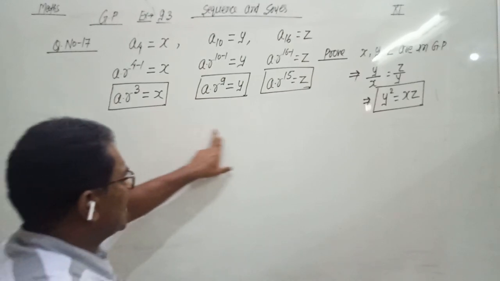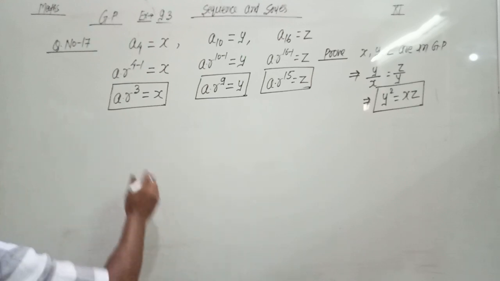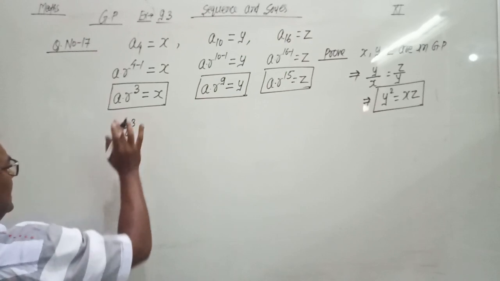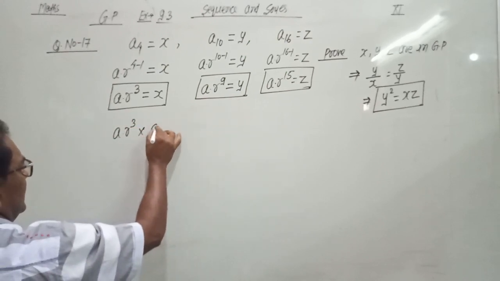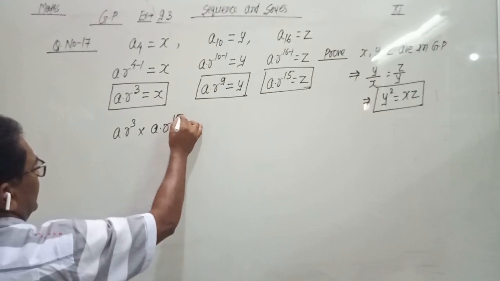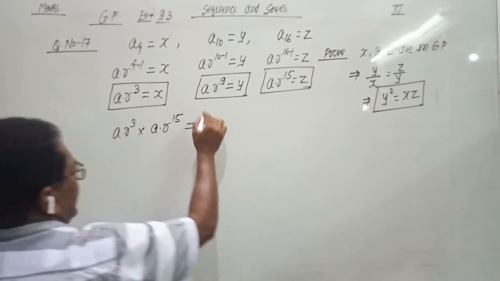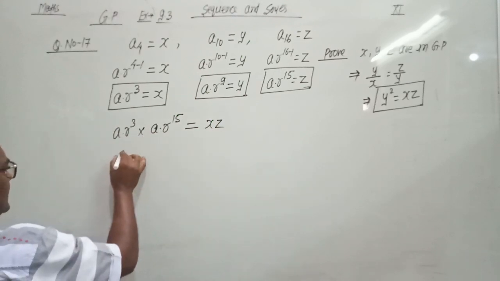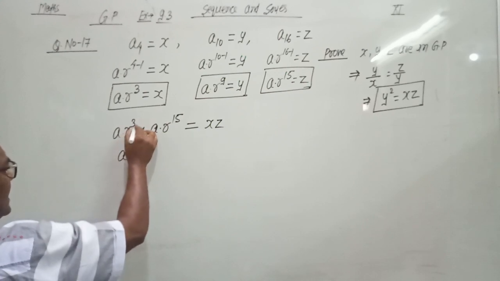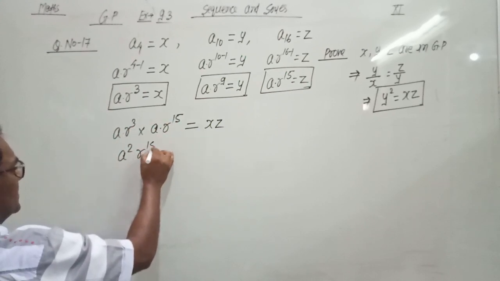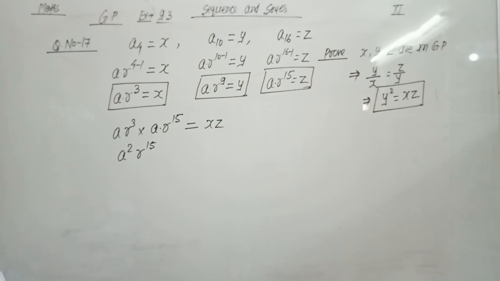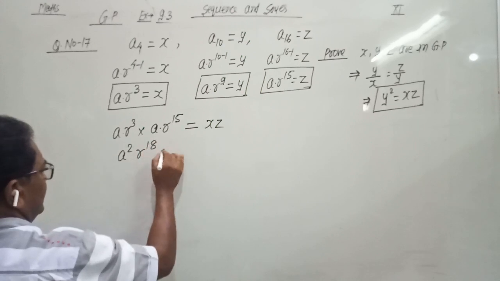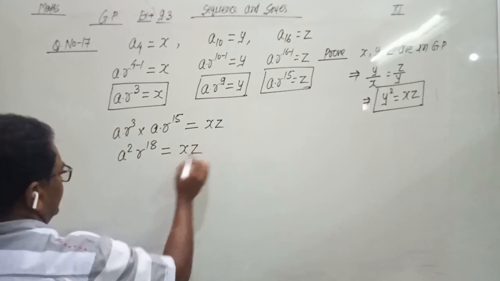Now multiply first and third. So a into r cube multiplied by the third, a into r raised to the power 15, equals to x into z. a into a is written as a square, and r raised to the power 3 into r raised to the power 15 is written as r raised to the power 18, as we add 15 plus 3, equals to x into z.